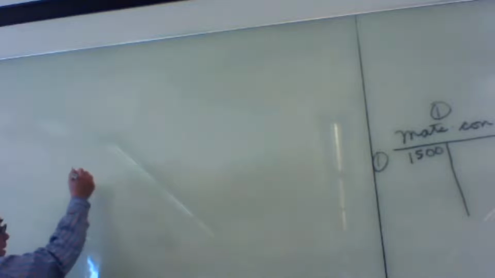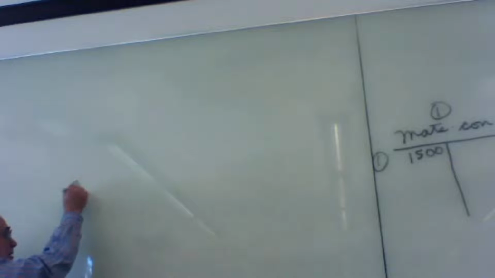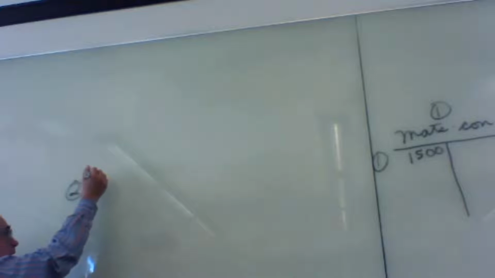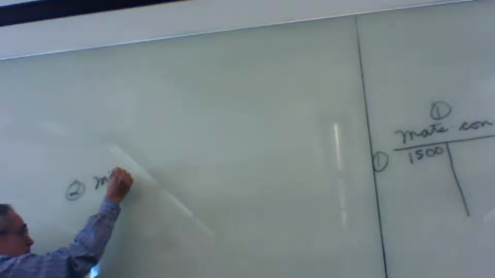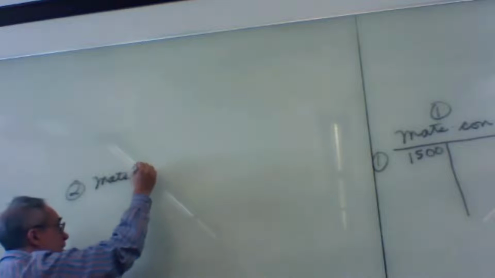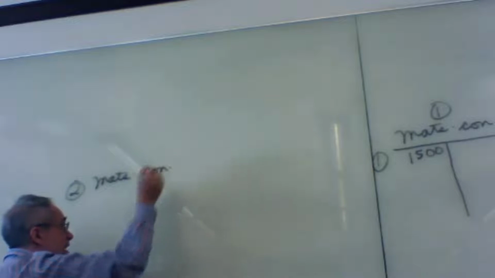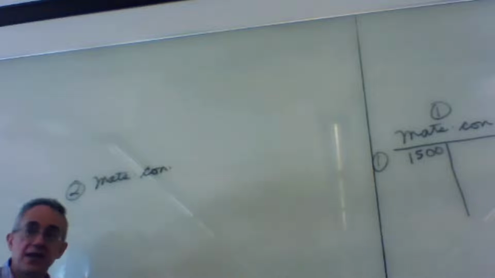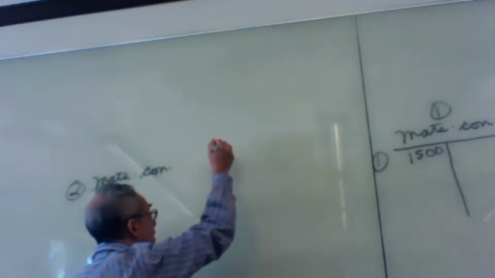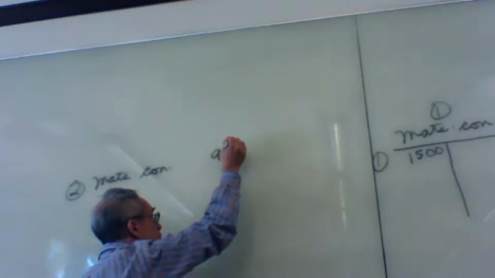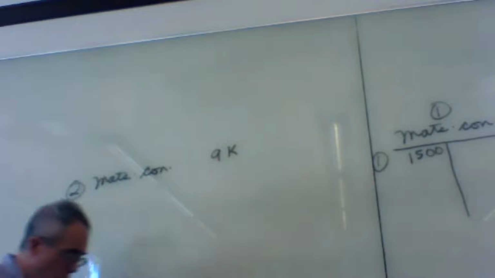So as I have my journal entry, number 2, I'm going to be debiting materials control. Again, we bear in mind this is an inventory account. It's an asset. So that debit of the total of $9,000 that they're purchasing just did what?